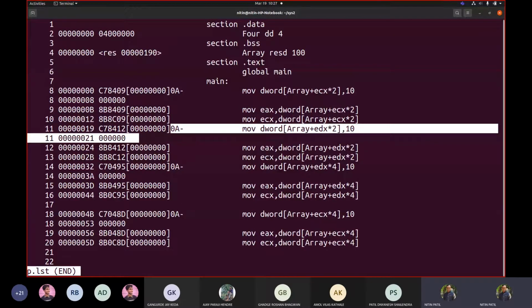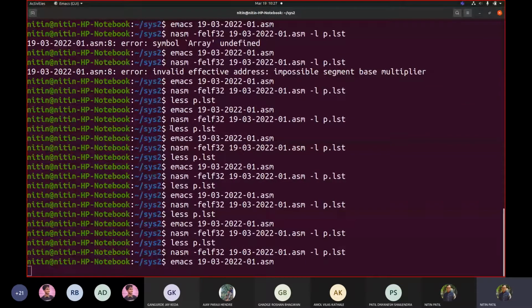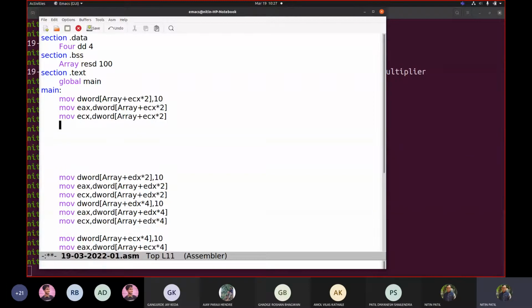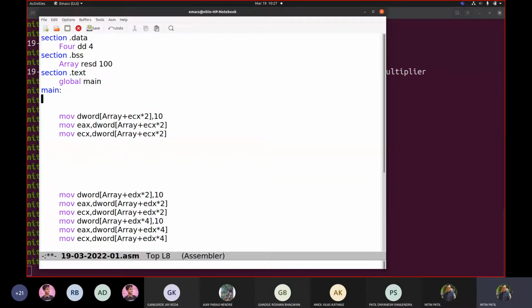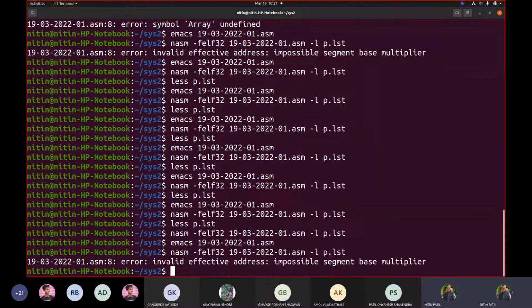Okay, so let me try making some small change in the instruction and let us see. If I write like this, it is giving me an error: impossible segment based multiplier.